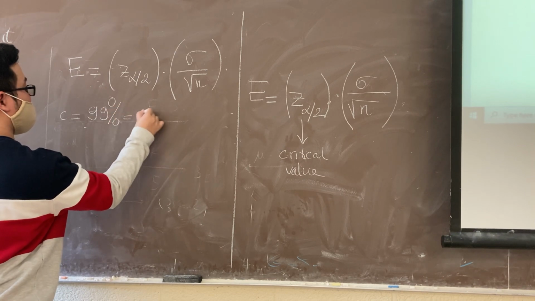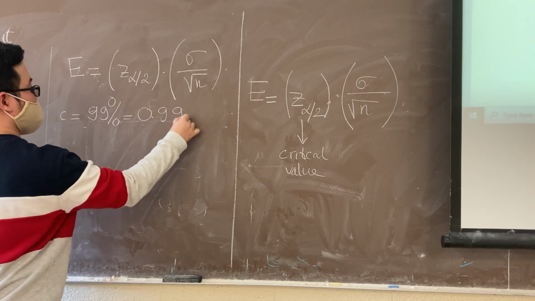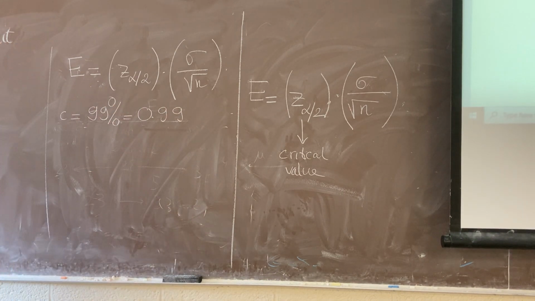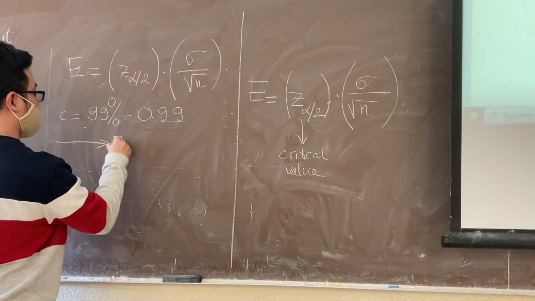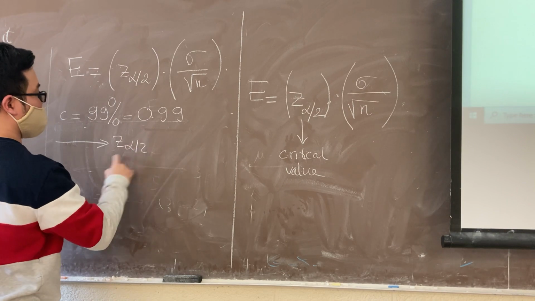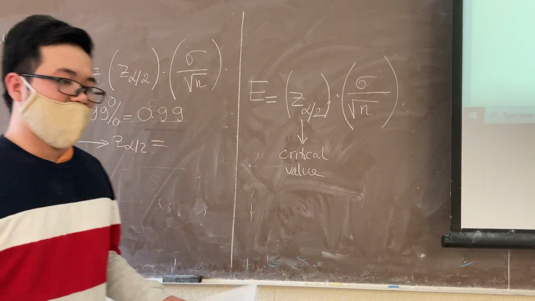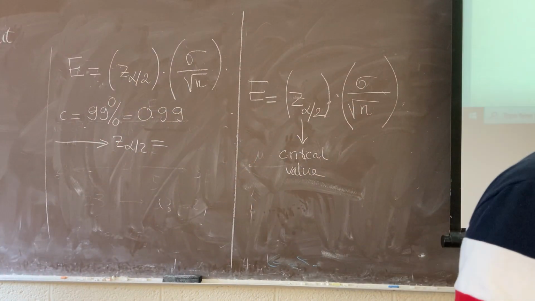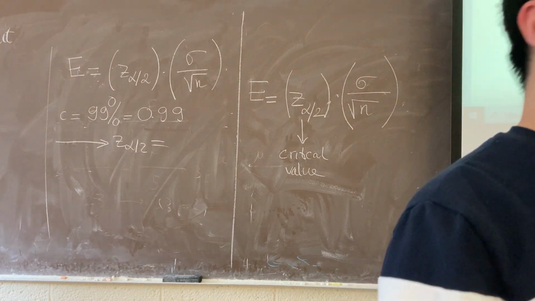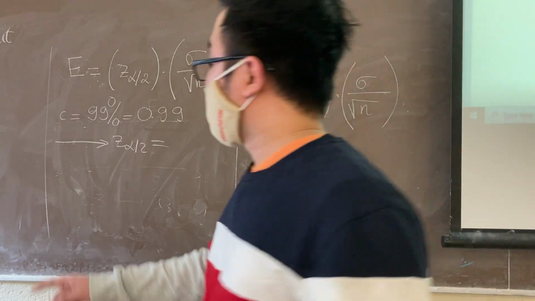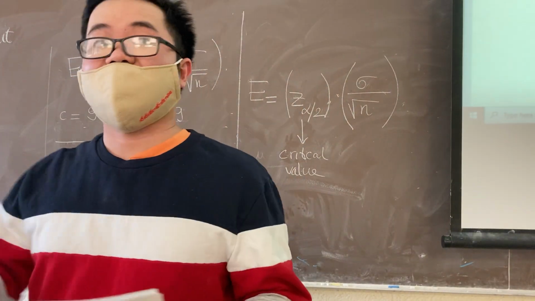That means the confidence level is 0.99. So could you tell me what the critical value is for this confidence level?